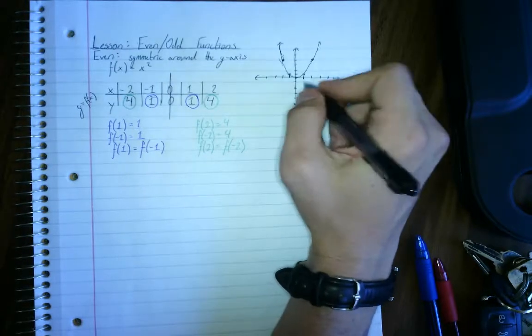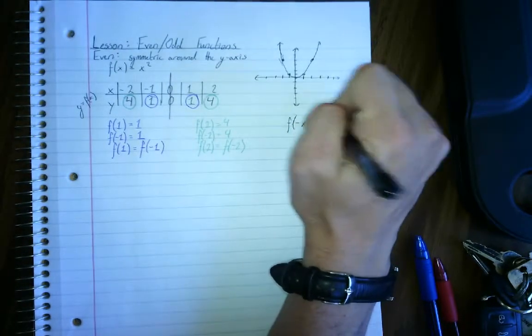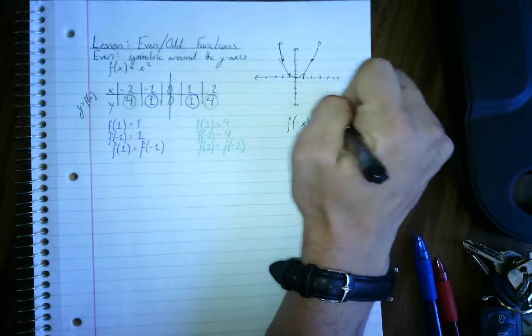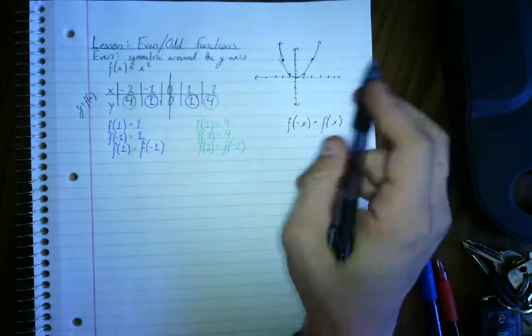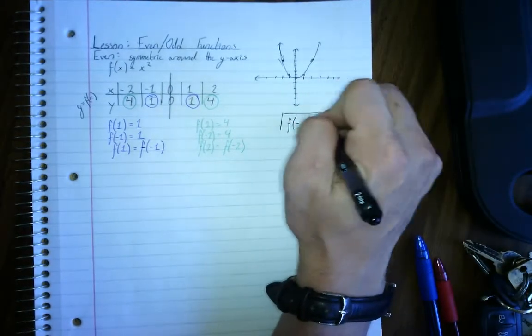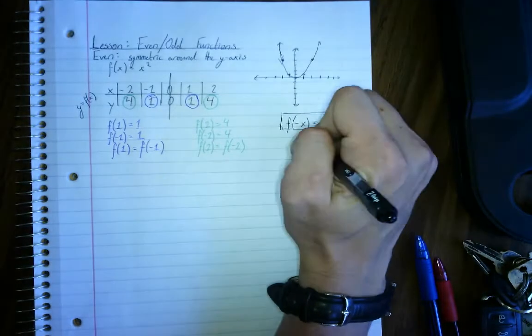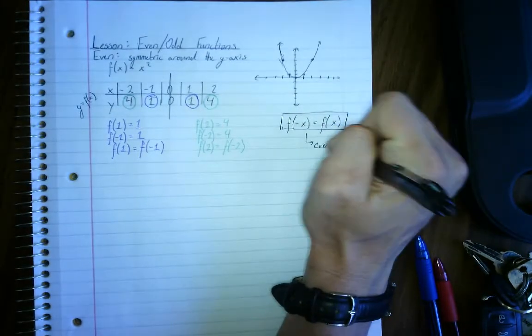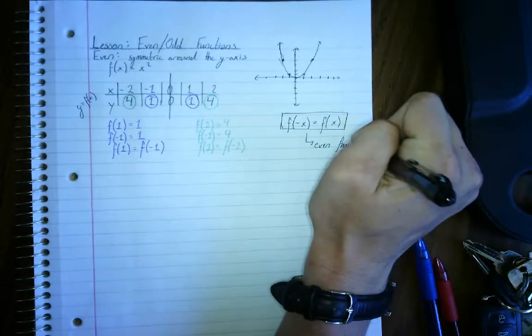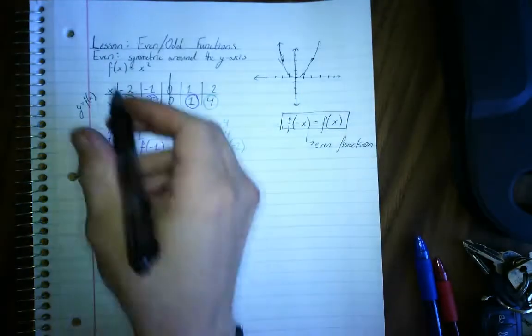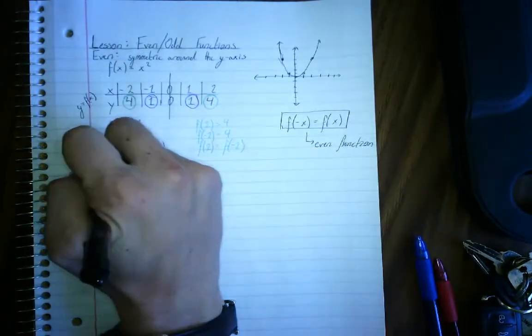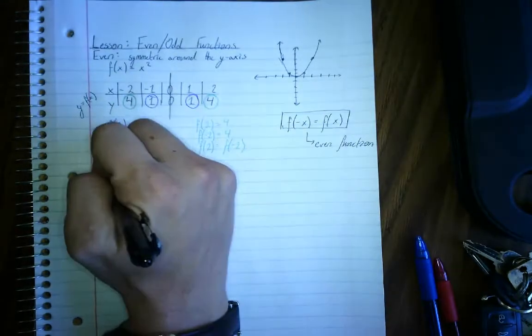Going to the left is a negative value, right? It's going to be the same thing as going x steps to the right, or positive x. So if we can prove this, then we've got an even function. And let's test it out for our y equals x squared. This is the last way we can prove it, by algebra.